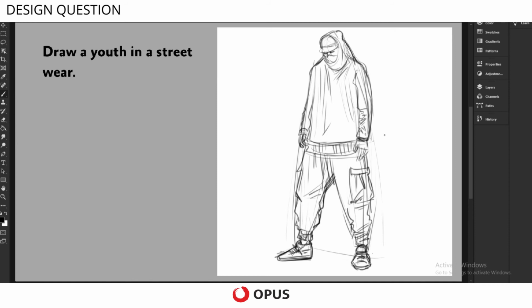After you have all the details in place, we can give a little bit of shades here and there.